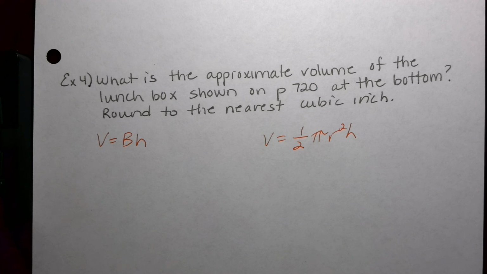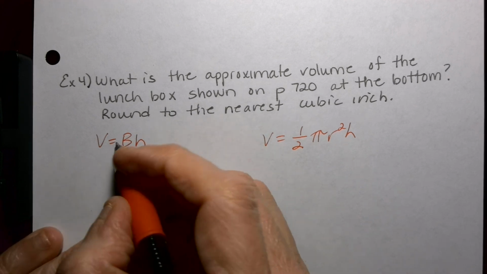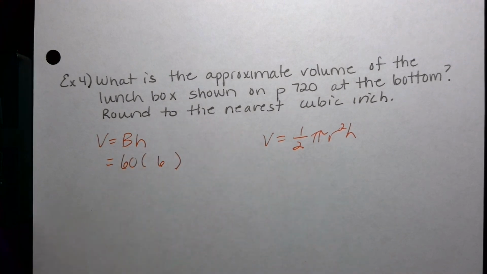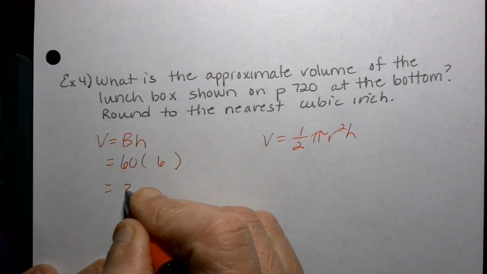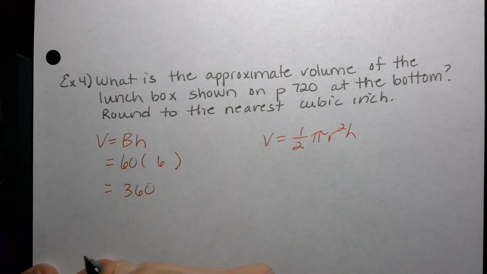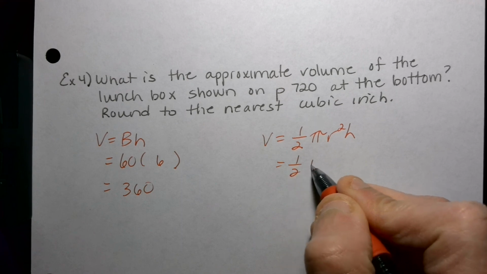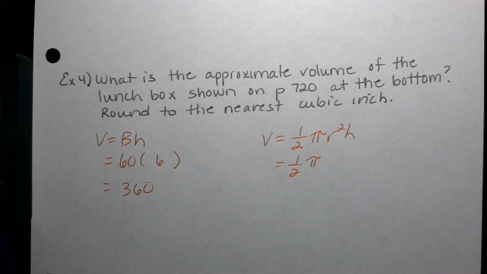So let's first look at the box on the bottom, the prism. So the area of the base, if you look at your picture, is 10 and 6. So 10 times 6 is 60, and the height is 6, and we get 360. Now let's go look at the top. What is the radius of the top? I don't actually have the picture right here, but I've worked this through.